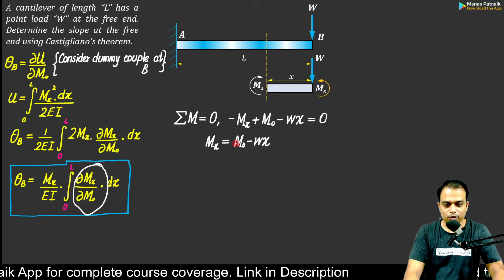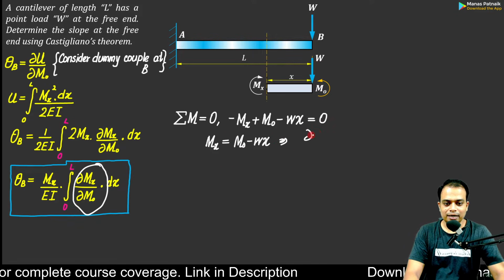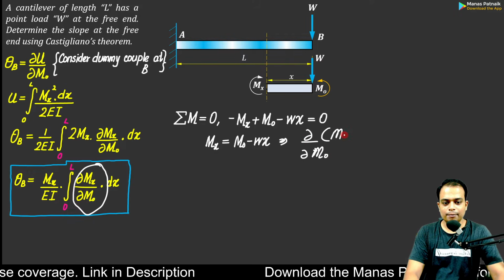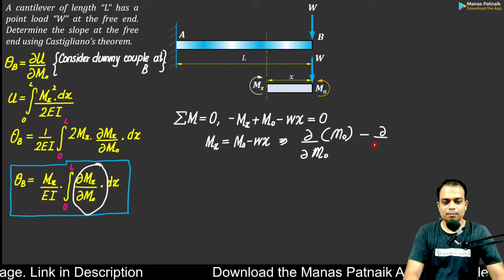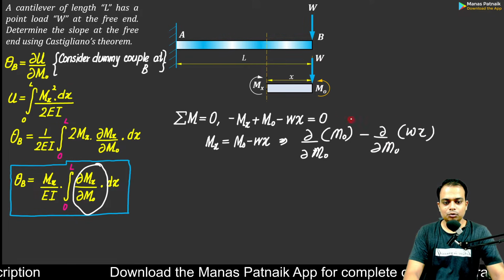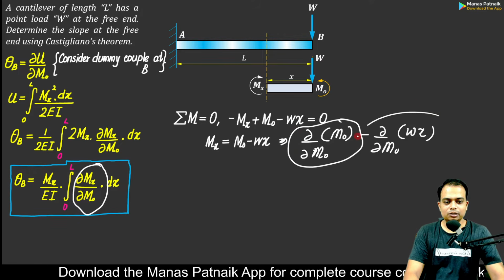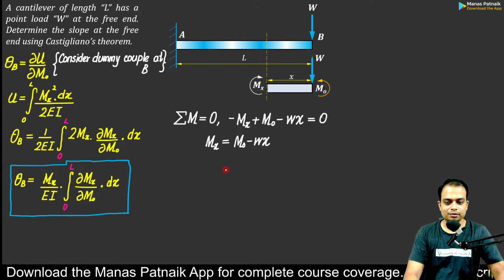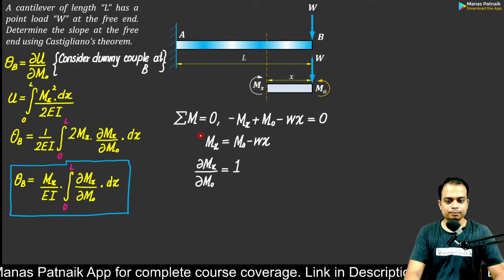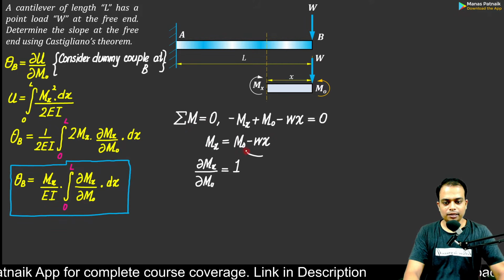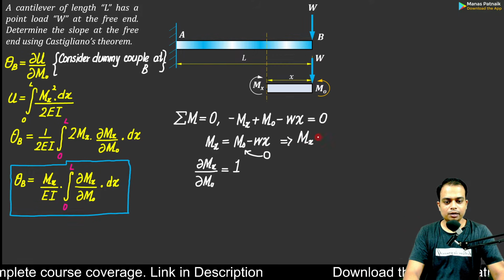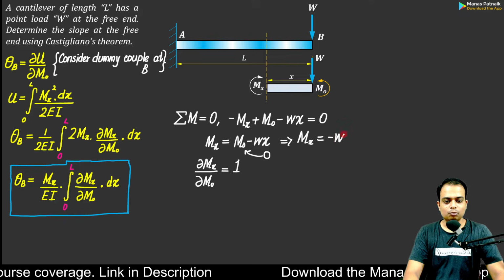So differentiate with respect to m naught: del by del m naught of m naught minus del by del m naught of wx. This is going to be 1 and this is going to be 0. So what you are left with is this. If you plug in the value of m naught as 0, you also know that mx would be equal to minus wx. So far so good.